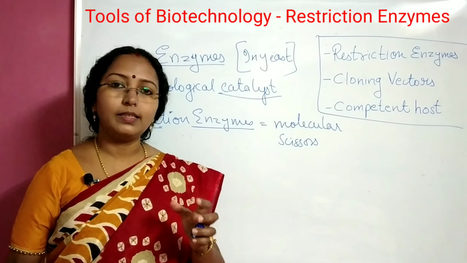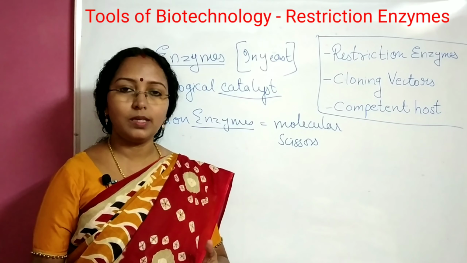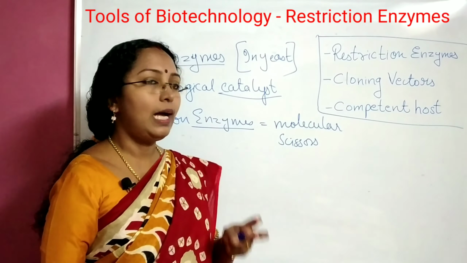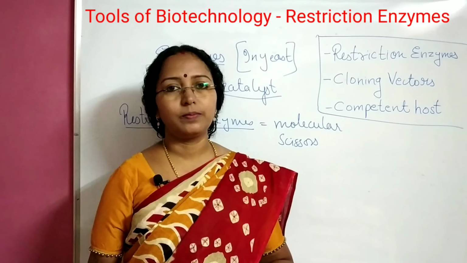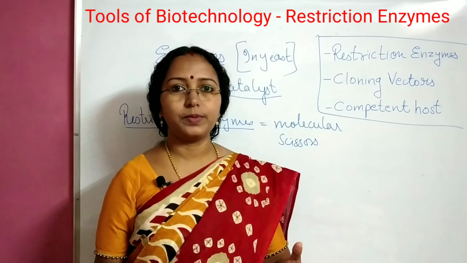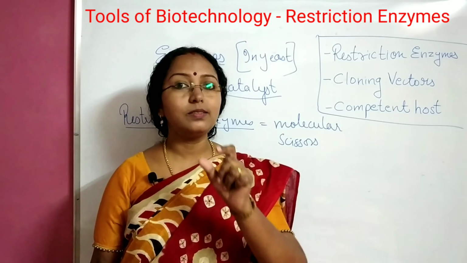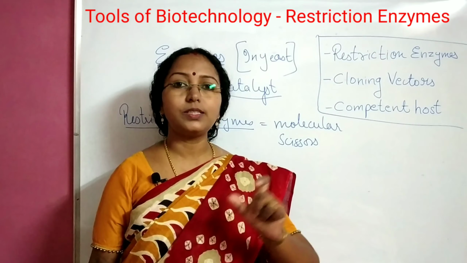They are like scissors, used to cut molecules. Basically all enzymes are proteins, we know about that. And they are used to cut molecules. Isn't it interesting? Molecular scissors, restriction enzymes. But they cut only at specific sites. That is why they are called restriction enzymes.